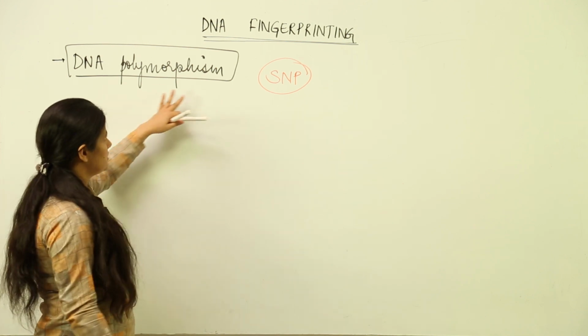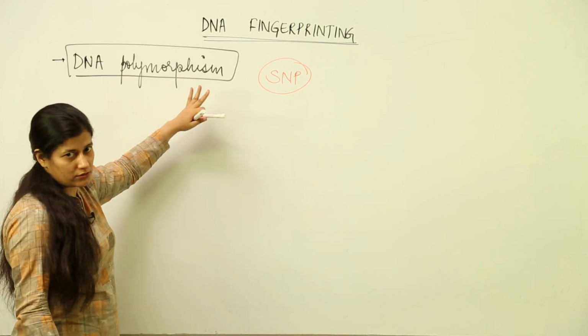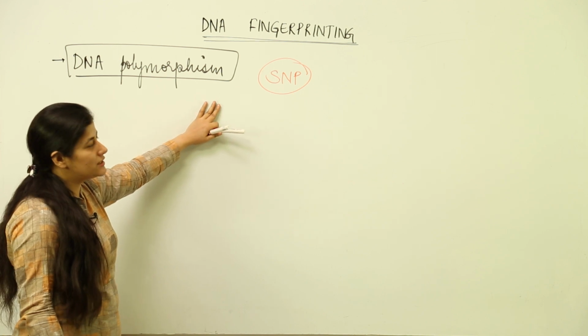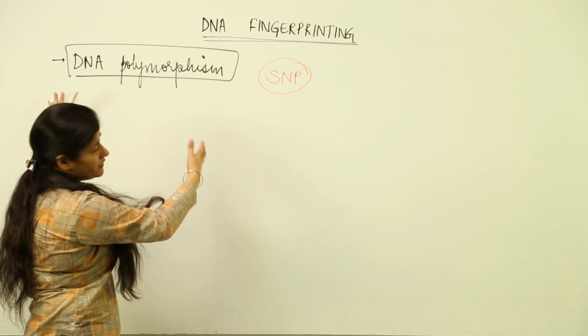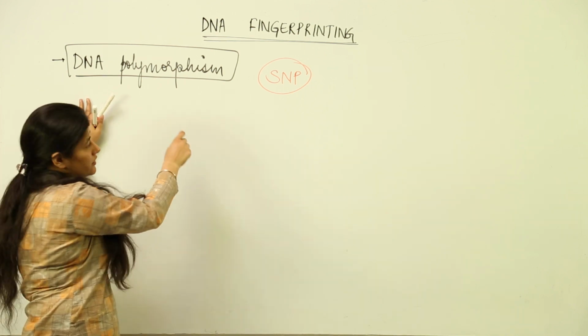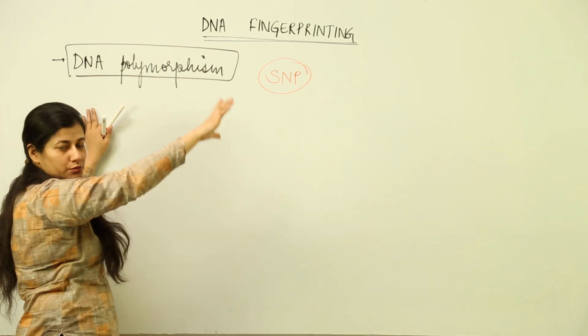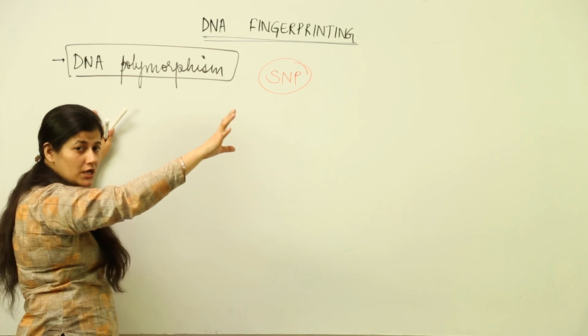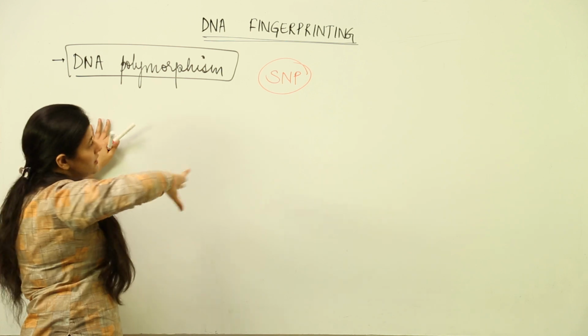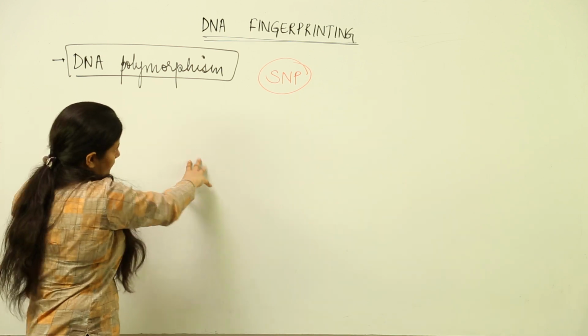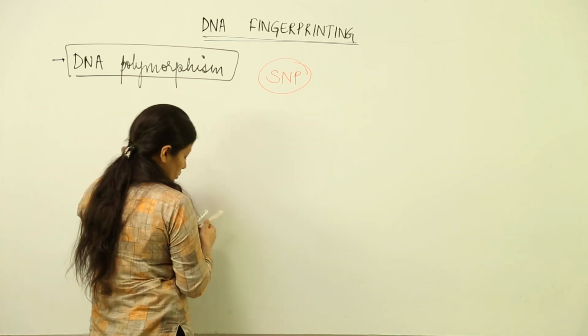Now, what do we see in DNA polymorphism? Basically, this DNA fingerprinting lesson can otherwise be considered as dealing with this term properly. We are going to see what DNA fingerprinting is all about, how it takes place, what all is carried out in the lab, but this lesson is about DNA polymorphism. So, brace yourself for understanding what it is.